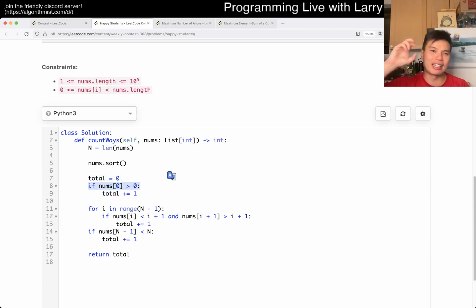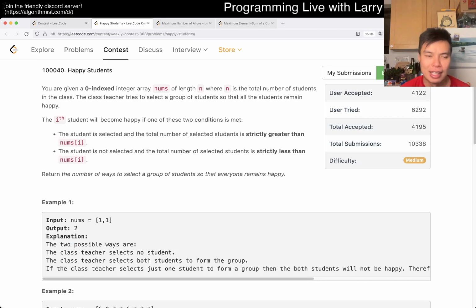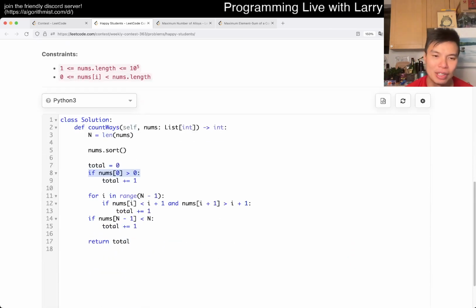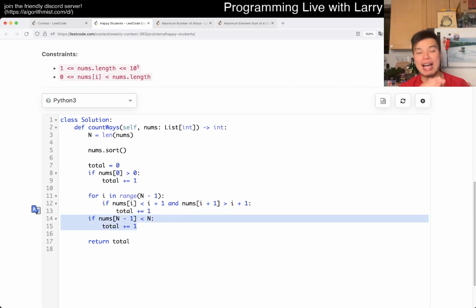You can select 0 students if the smallest number is greater than 0, because then this is satisfied: no one is selected, and every selected num is less than the smallest number. Otherwise, you have this divide, which is just to make sure that the condition is true. You increment by 1. And this is for if you have everybody in the group.